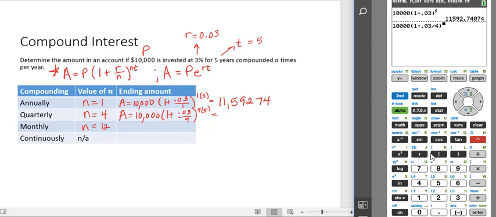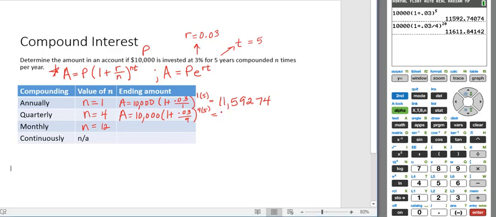If not, you're going to need to put that expression in parentheses, or you can go ahead and compute it. 4 times 5 is 20, so I'll just do 20. And then move my cursor to the right to exit the exponent, and then enter. So compounded quarterly, our ending amount after 5 years is $11,611.84.